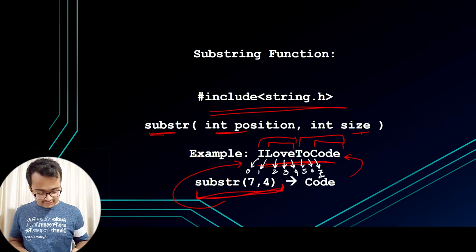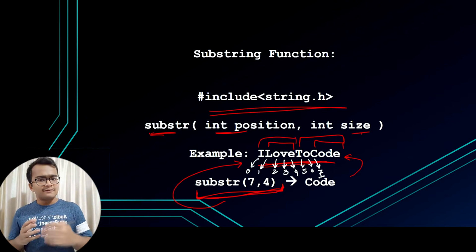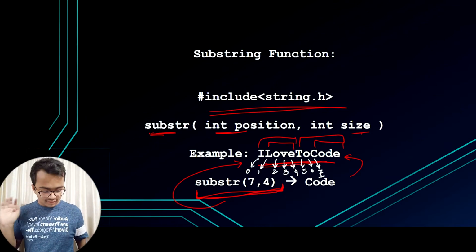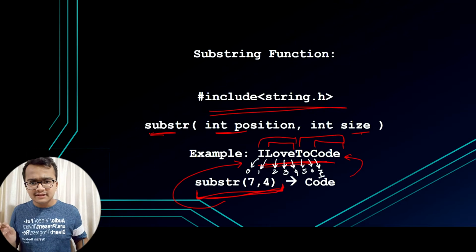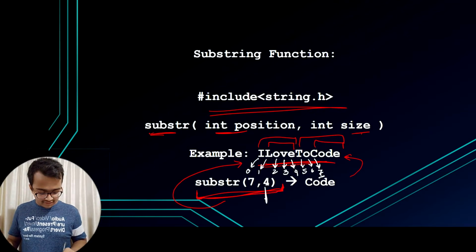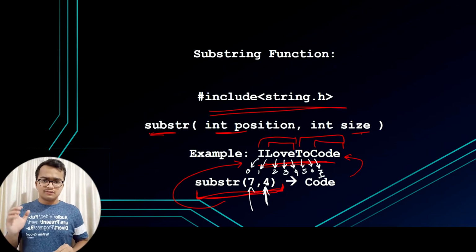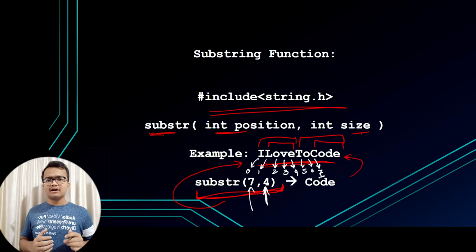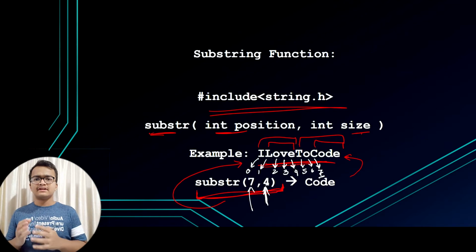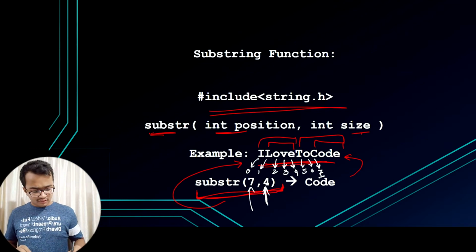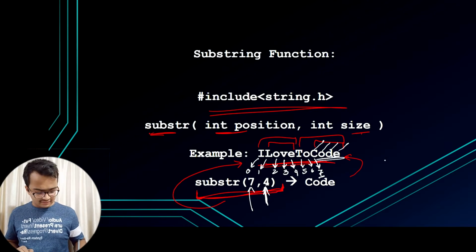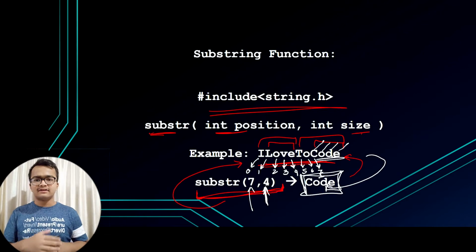That means at this 7th position my substring generation will start. And what will be the size of the substring? The size is given, that is 4. 7 is the position, 4 is the size. So including the 7th index, we will count 3 other indices, which gives a substring of 4 characters. That is 1, 2, 3, 4. So I will get code as output if I apply this function to the given statement.